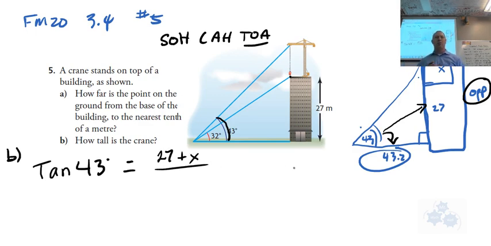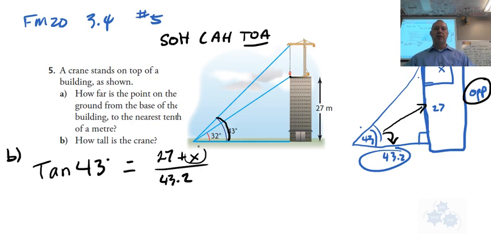Okay, could you call it just the opposite side and subtract 27 later? Yeah, but let's just call it what it is here, and this isn't too scary. Let's just try and work with this. So 27 plus x over what? 43.2, opposite over adjacent, 43.2.